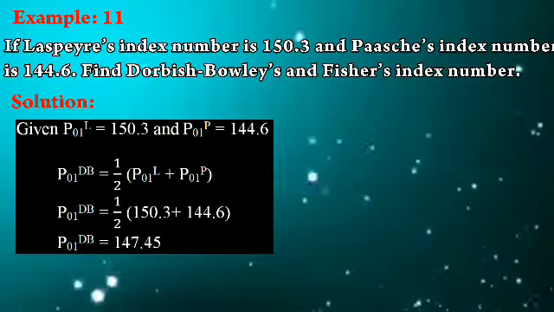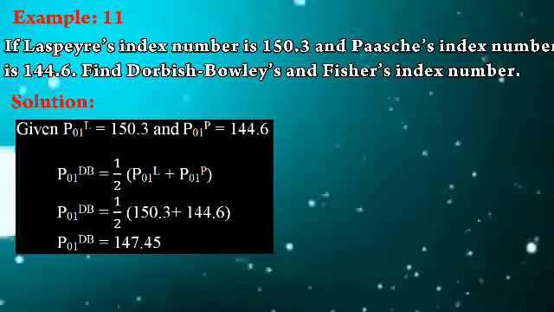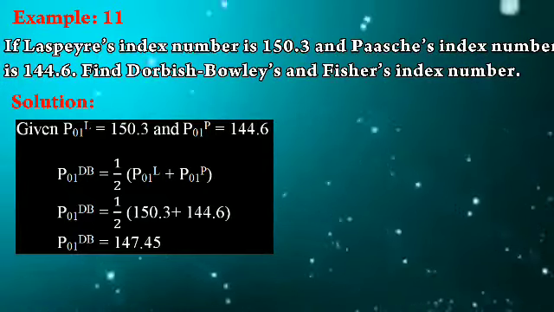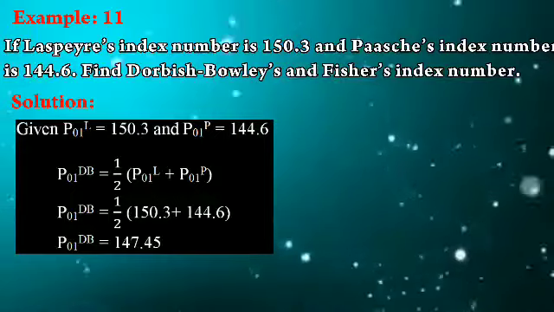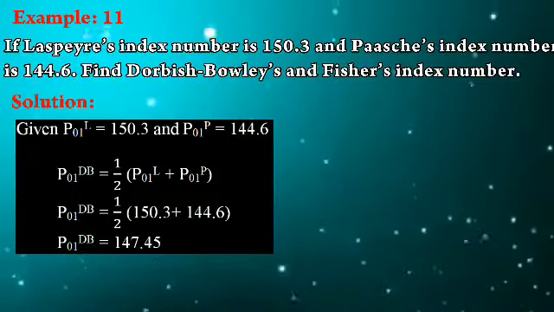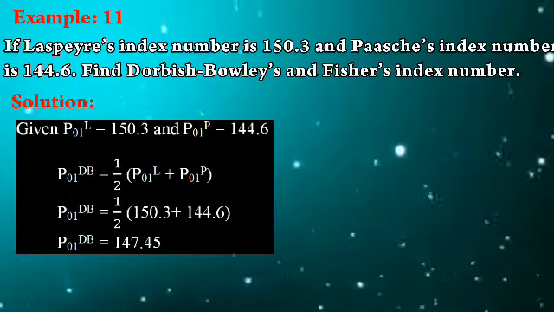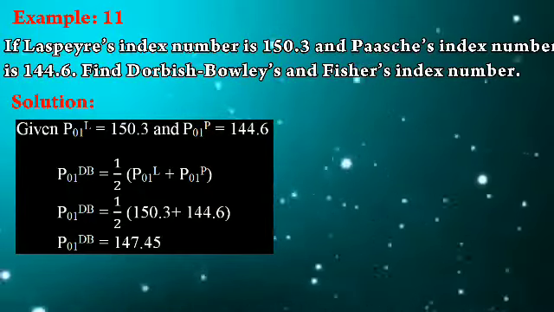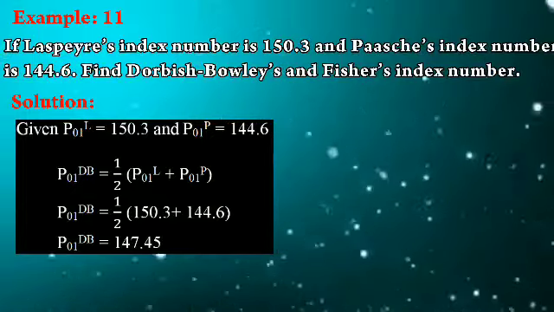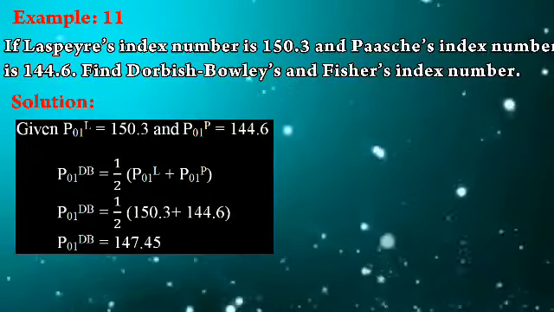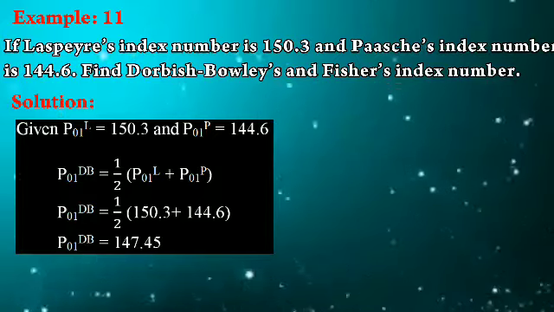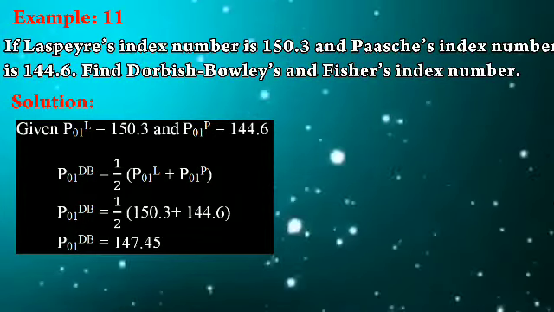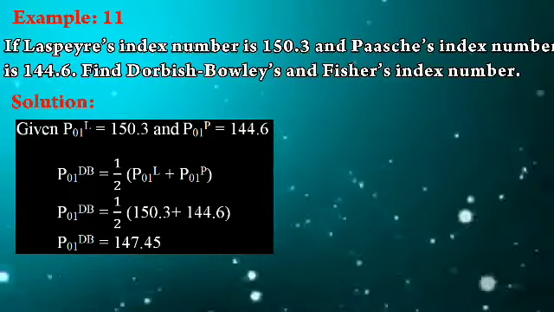P01 of dB equal to, here when last year's and past year's index numbers are given, you can construct Dorbish-Bowley's based on the first part of the formula, that is P01 of dB equal to half into P01 of L plus P01 of P, because Dorbish-Bowley's index number is the arithmetic mean of last year's and past year's price index number. Substitute in the formula, that is equal to 1 by 2 into 150.3 plus 144.6.